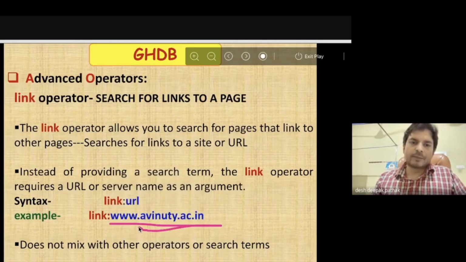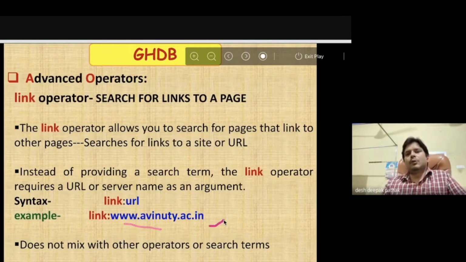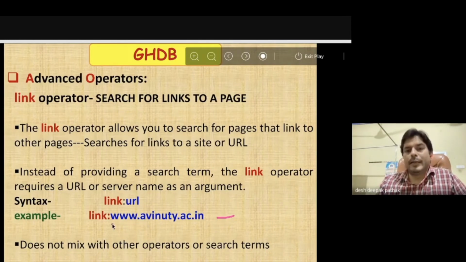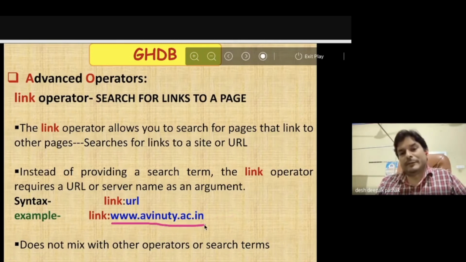Are you getting what I am saying? Link colon URL, this is the syntax. If I pass the university URL, I will get all those websites which have the link of this university website.